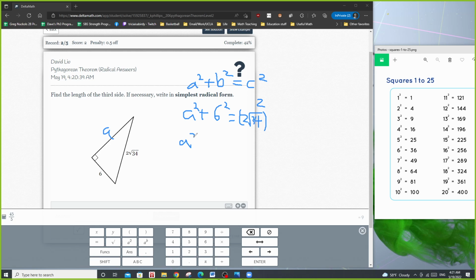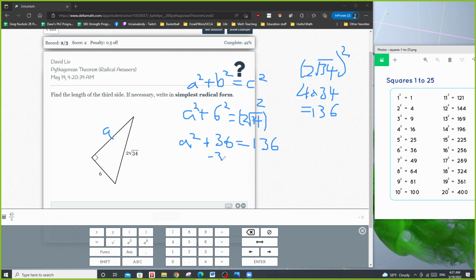So once again, we multiply it, plus 36 equals, this becomes 2 times 2 times 34. Or let me do it on the side. 2 rad 34 squared becomes 4 times 34 equals 136.